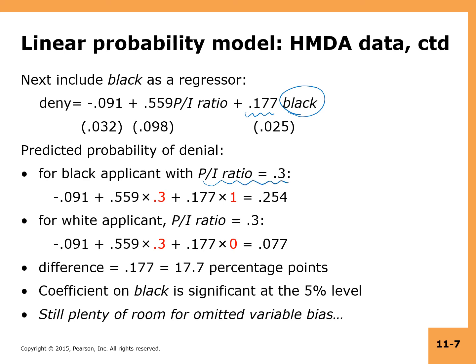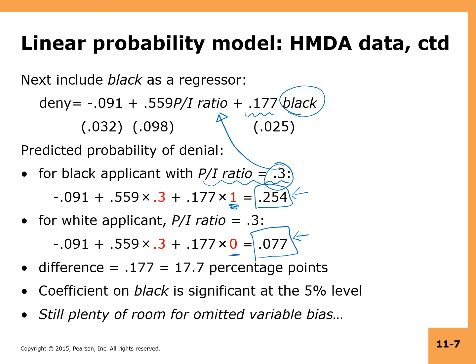So we plug in PI ratio 0.3 to the model and estimate. For a Black applicant, the binary variable would be 1, and for a white applicant, the binary variable of Black would be 0. And then by plugging this in, you can measure the probability of being denied for a Black applicant versus the white applicant.